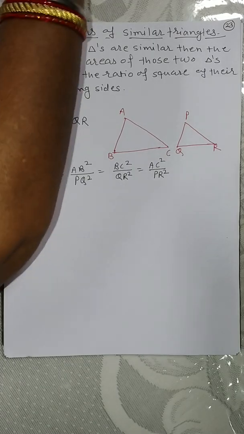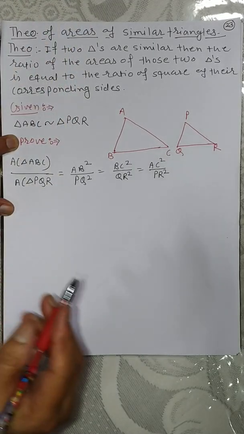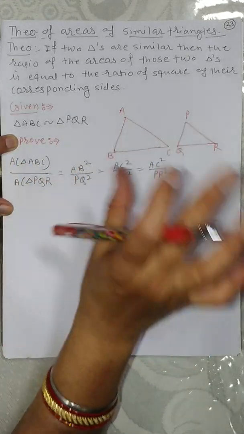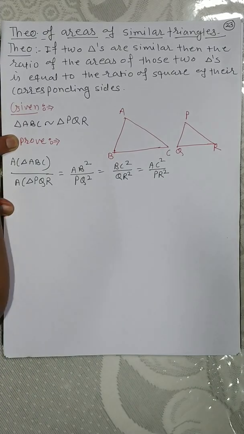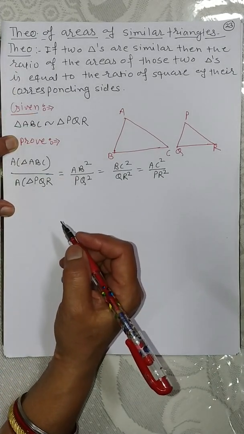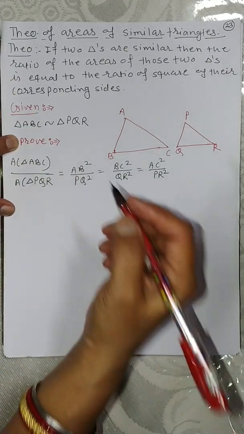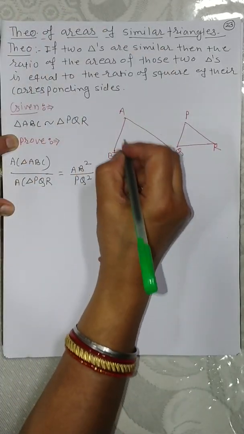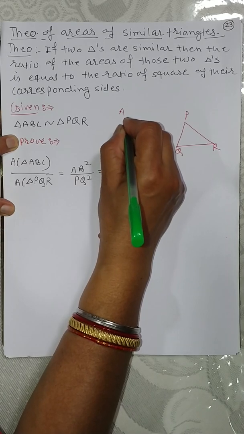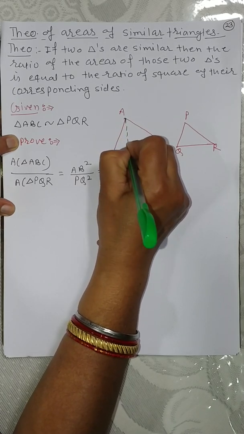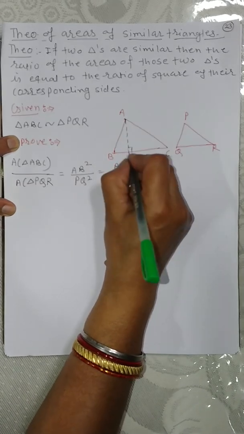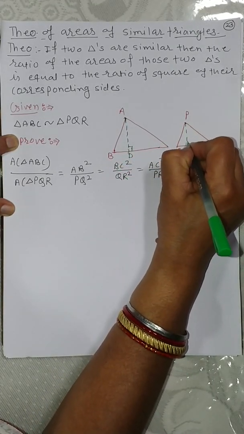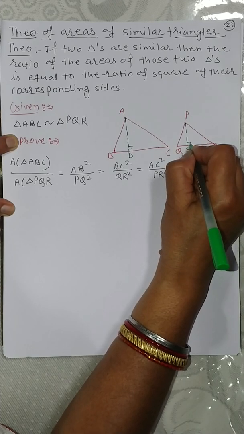Now here, if area is given, so if we consider area, we know that the area of the triangle is half into base into height. So here for the height we have to draw perpendicular. We have to draw this AD perpendicular BC and PS perpendicular QR.